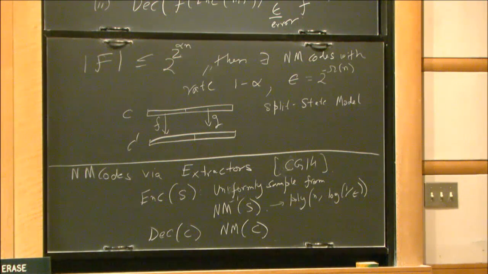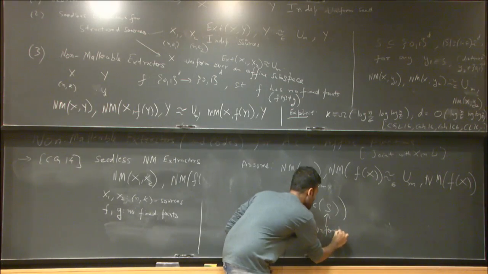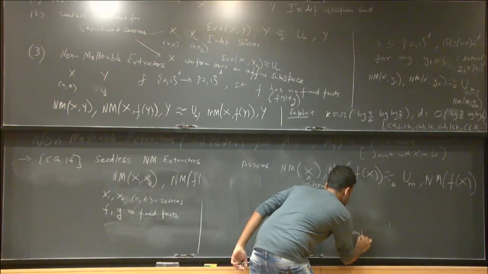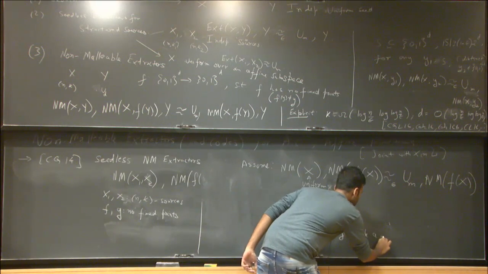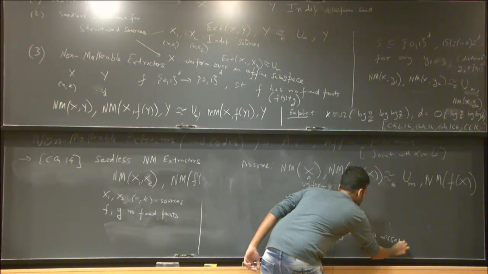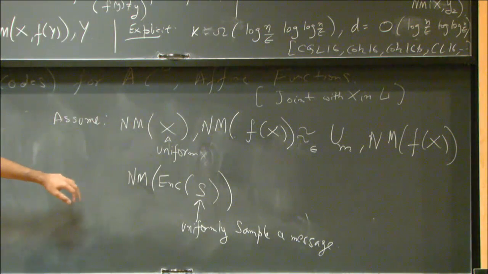So this can be seen as follows. Suppose you uniformly sample a message S. But we need the result to hold for every message.